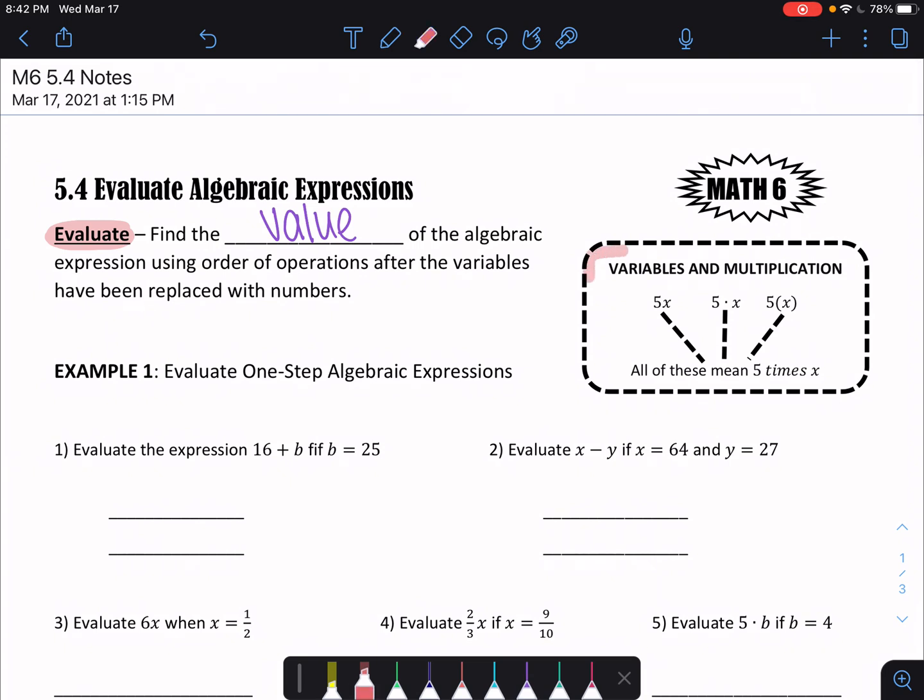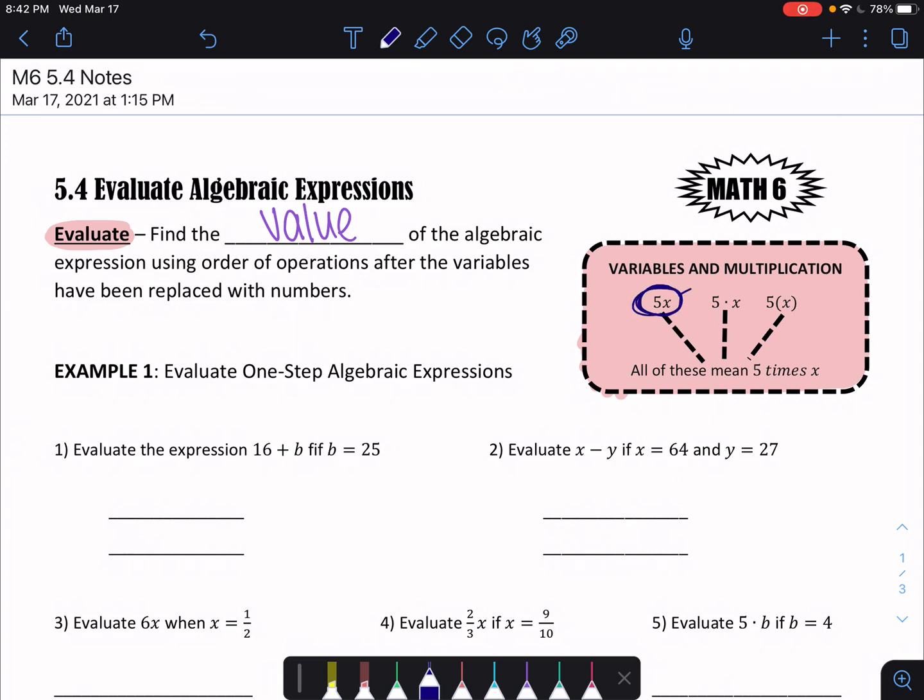Over here, I have just this brief reminder about how we are going to represent multiplication. What's important about this today is because we are typically going to see things written this way.